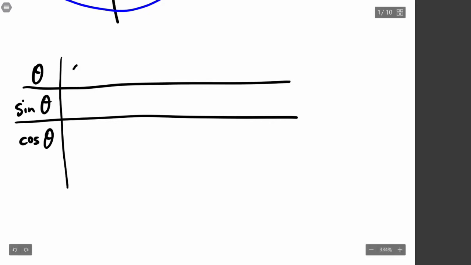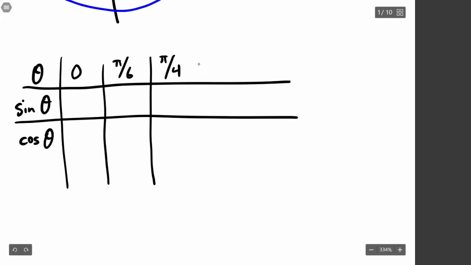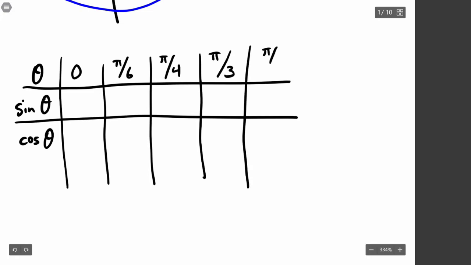We have an angle of 0, an angle of pi over 6, right? An angle of pi over 4, an angle of pi over 3, and finally an angle of pi over 2. Right? If you know just these 5, you'll be able to get any of the other ones pretty easily.